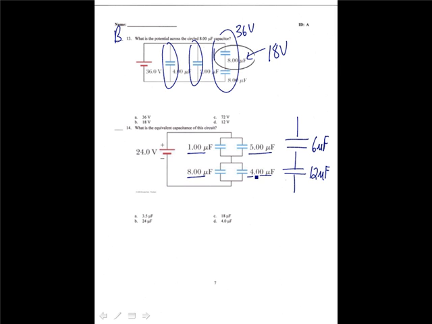And then for capacitors in series, you have to take the inverse of the sum of the inverses, and that is that the equivalent capacitance is equal to 1 over 6 plus 1 over 12. See, that's 2/12 plus 1/12. That's 1 over 3/12, which is equal to 4. So 4 microfarads, which is option D.